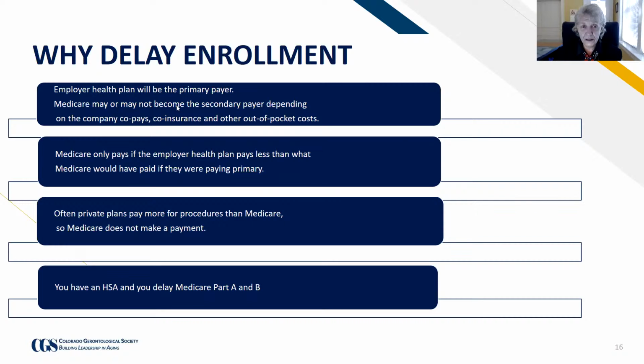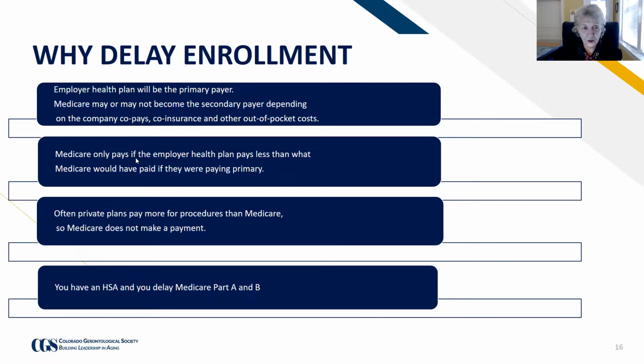Medicare may or may not be the secondary payer if your employer's primary, and it will depend on what they basically pay in terms of co-pays, co-insurance, and other out-of-pocket expenses.